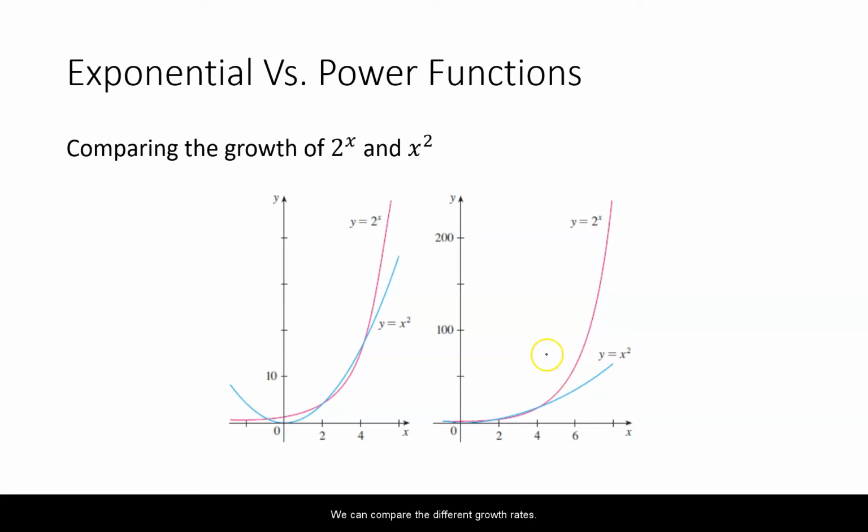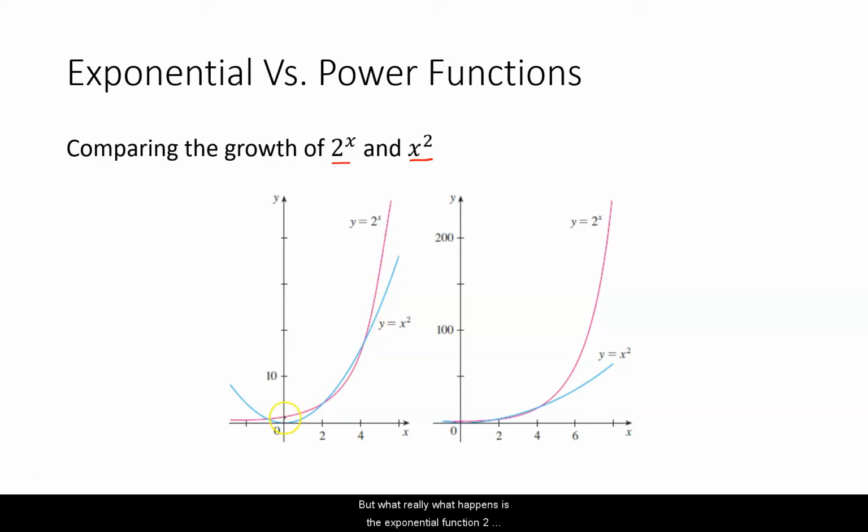Here we can compare the different growth rates of exponential functions versus power functions, like 2 to the power of x compared with x to the power of 2. Notice that if we're just looking at the graph here, the exponential function is going to be a little bit different in shape than the parabola x squared. It might appear up close that they're both increasing, curving upwards here.